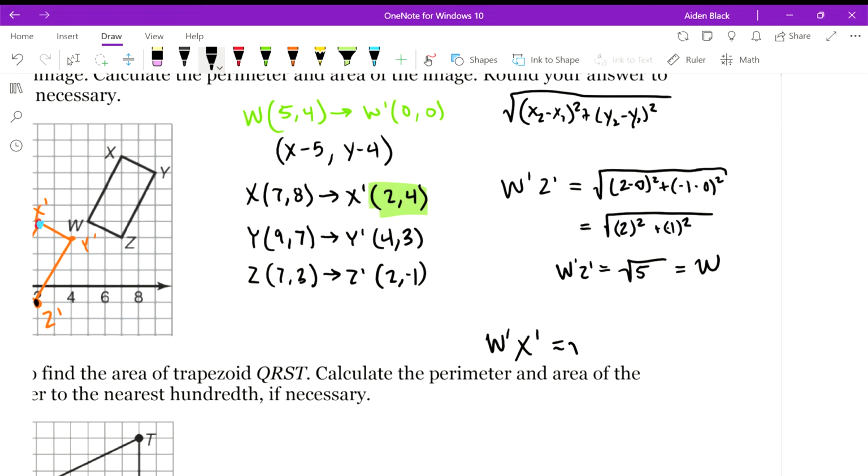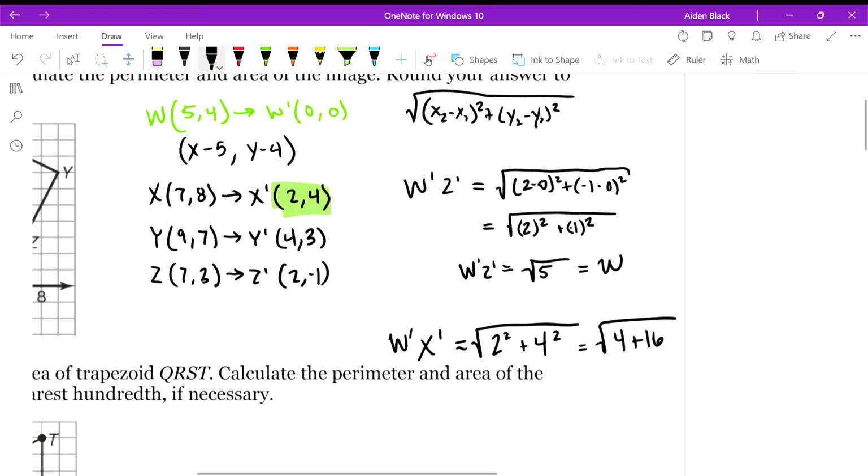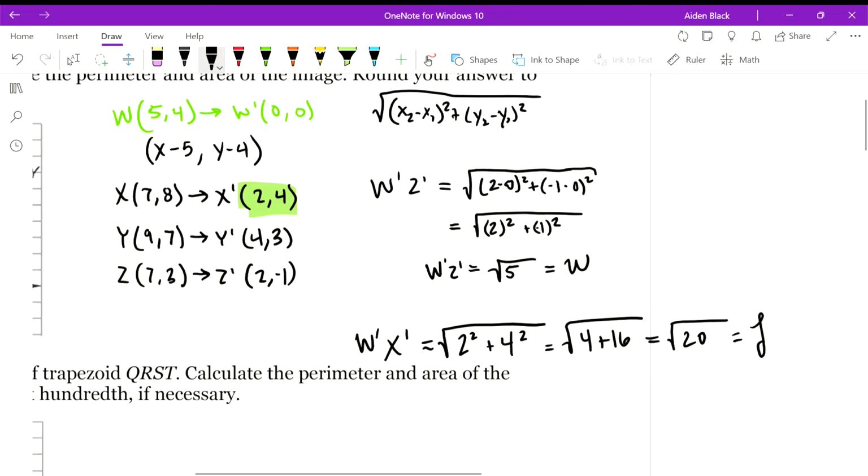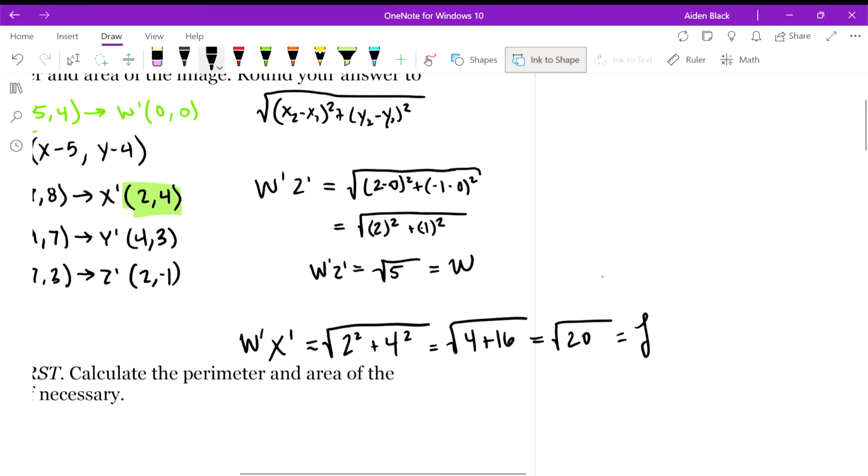We will just end up with 2 squared plus 4 squared, which is 4 plus 16, which is the square root of 20, which is, like we said, the length of the rectangle. So I'll redraw this rectangle. It's going to be a little bit off, but the idea here is we found the width.